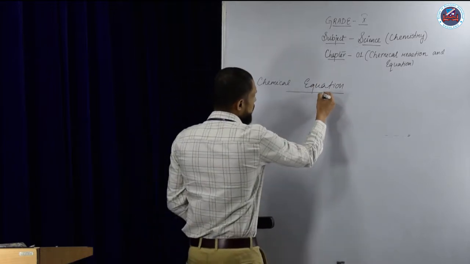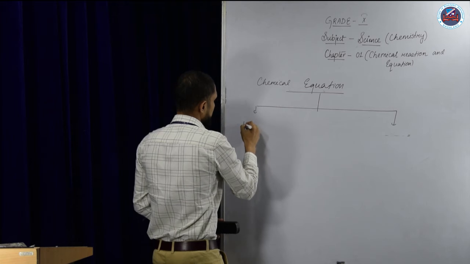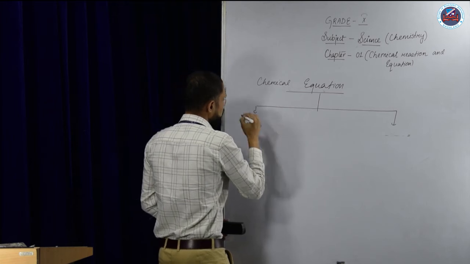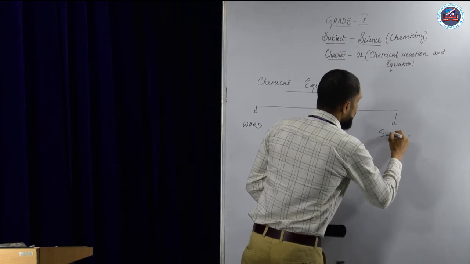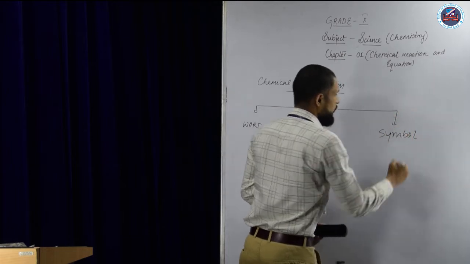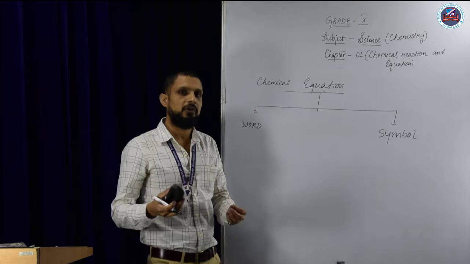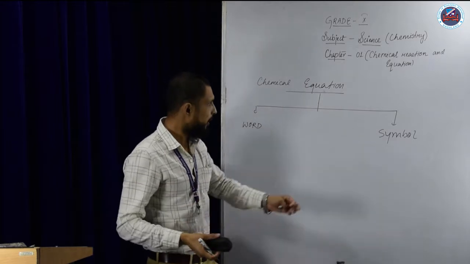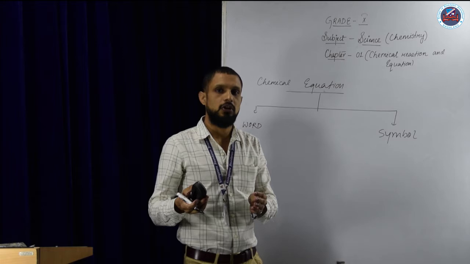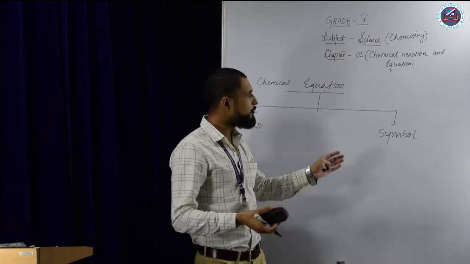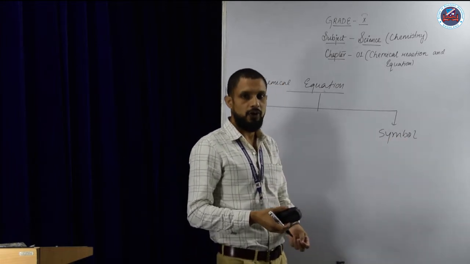Now there are two types of chemical equation: word representation of chemical reaction and symbol representation of chemical reaction. Word representation will represent the chemical reaction with the help of words, whereas in symbol representation we'll use the symbols or the formulas of different types of elements and compounds to represent the chemical equation.